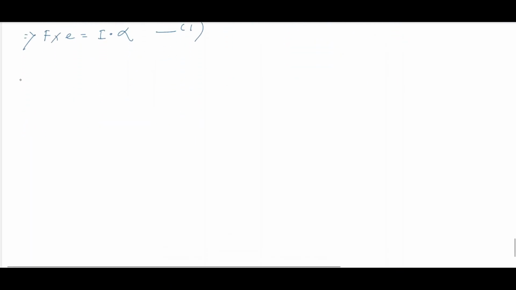Now the acceleration of the center of mass, that is G, which is denoted by symbol a, is equal to F by m. Let us say this is equation 2.